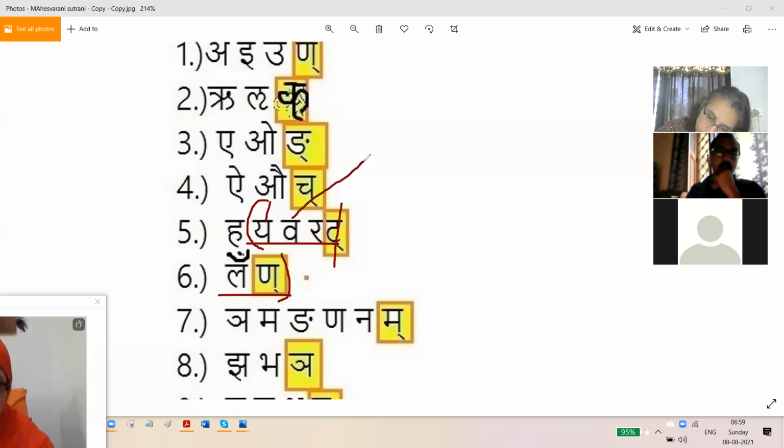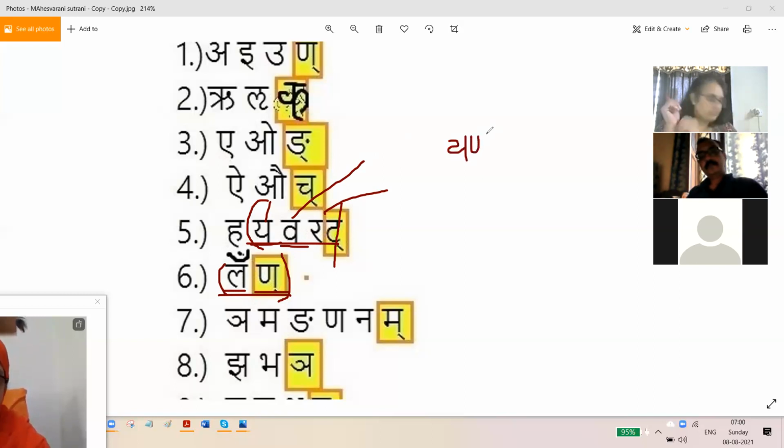If U is followed by any vowel, it becomes Va. If Ri is followed by any vowel, it becomes Repha. And Lri followed by any vowel becomes La. That's why it starts from Yakara and ends here. It's called yan sandhi, which is also taken by Anton. But this is a sutra, eng padantat atiparatah.